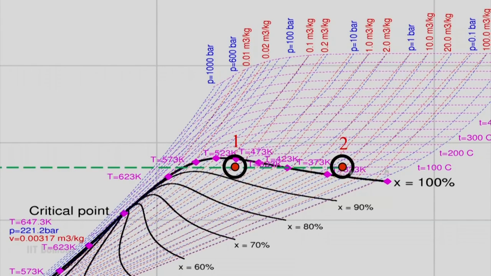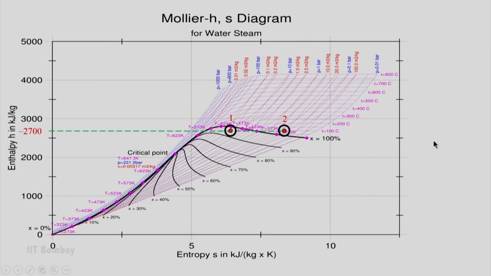If I draw a vertical line, and enthalpy is 2700, I get the entropy value at state 1, which could be around 6.5, and corresponding to point 2 I also get this value. So, I can again come back to the calculation.